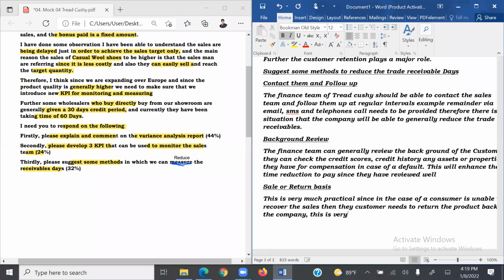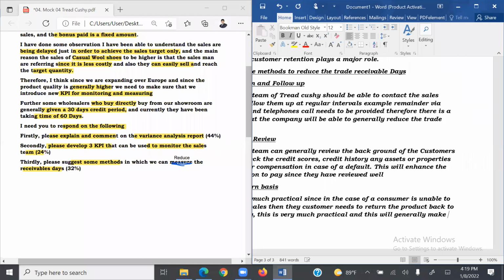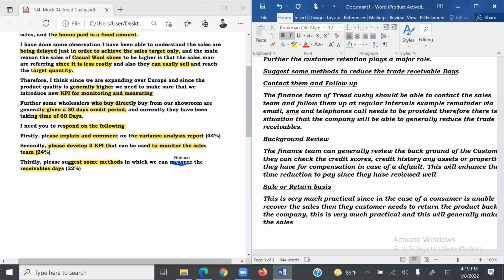This is very much practical, and this will generally make the sales better, since we have retail outlets, so we can sell the return goods. Students, are you understanding? We can sell the return goods.